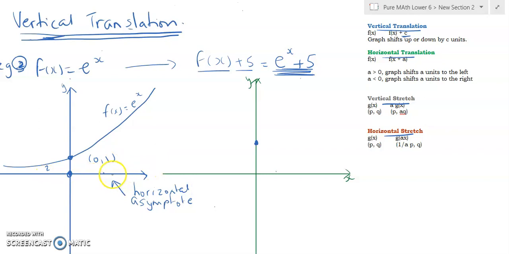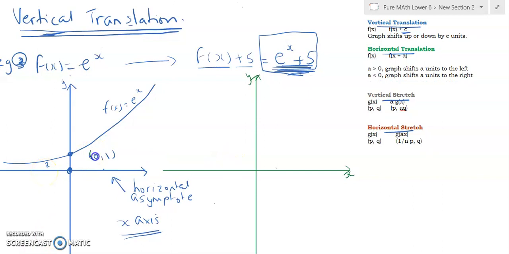So, in this particular case, the graph of f of x is equal to e to the x. My horizontal asymptote is the x-axis, right? Now, for this new graph, e to the x plus 5, I will still have an asymptote. However, my asymptote will shift. So, this is what will happen.